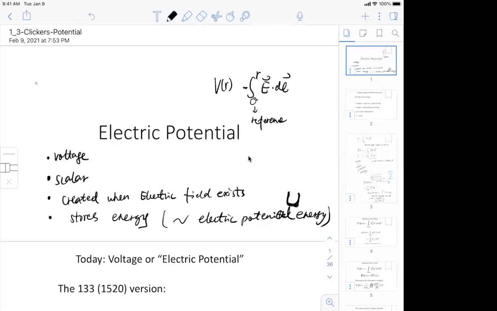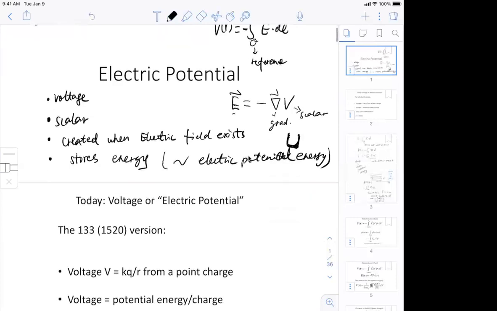V at R is equal to negative integral from reference to R of E dot dl. Another way of writing this is E as a vector is the negative gradient of V. V is a scalar, this is the gradient of the scalar, and the negative of that gives you the electric field. Okay, all very good, excellent. That's all we remember about electric potential.